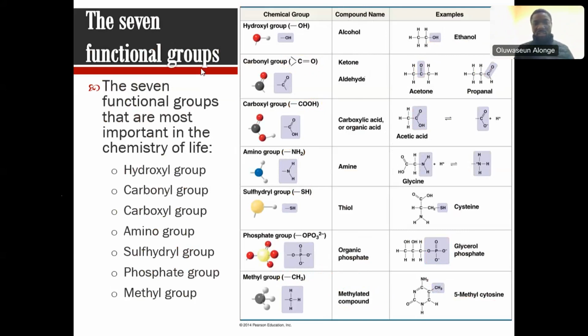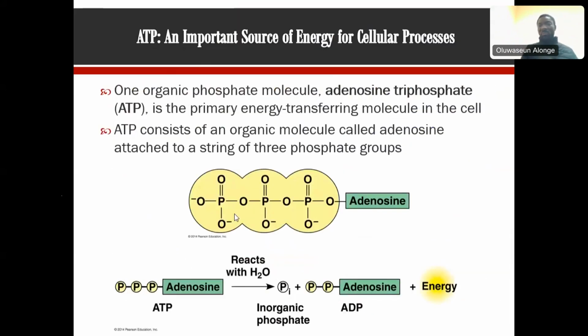All right, so those are the major functional groups that you should be aware of at this stage: hydroxyl, carbonyl, carboxyl, amino, sulfhydryl, phosphate, and methyl. Now, you may not really be talking about sulfhydryl, but you'll be talking about the other ones very well.